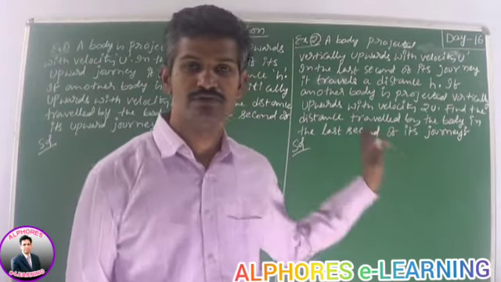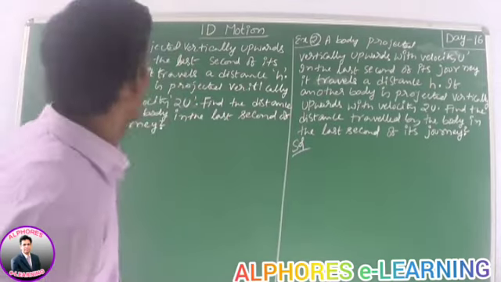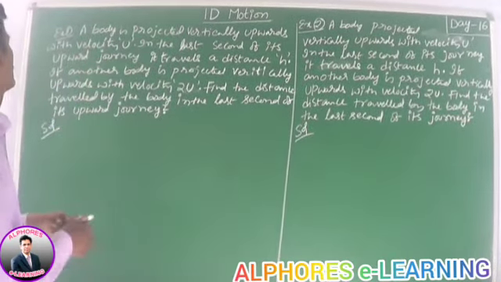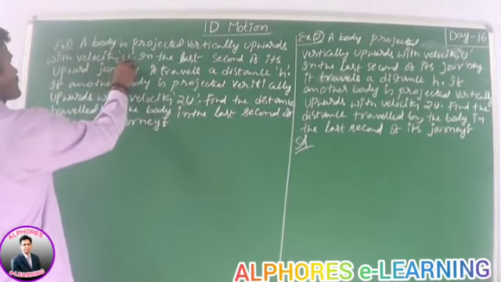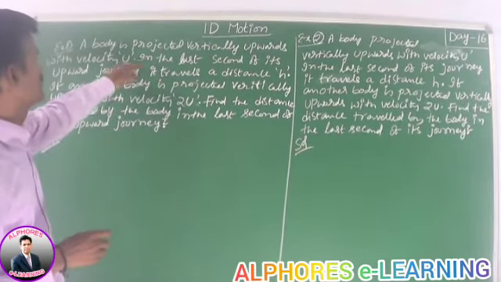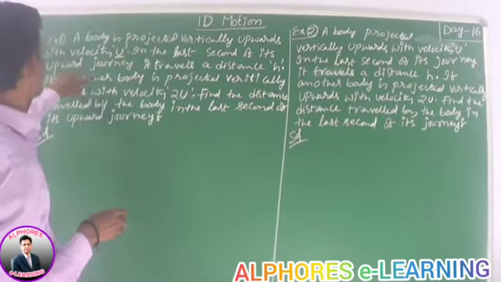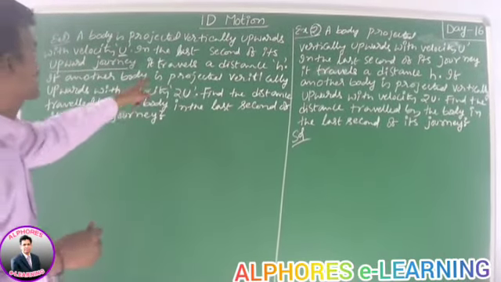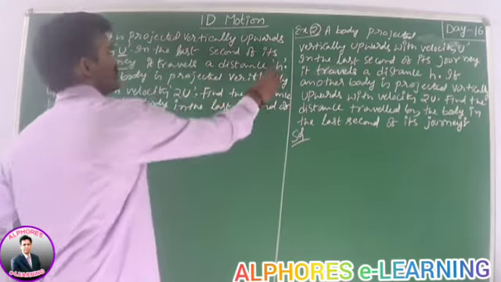Now I have two interesting problems here. One is the body projected vertically upwards with the velocity u. In the last second of its upward journey, it travels a distance equal to h.